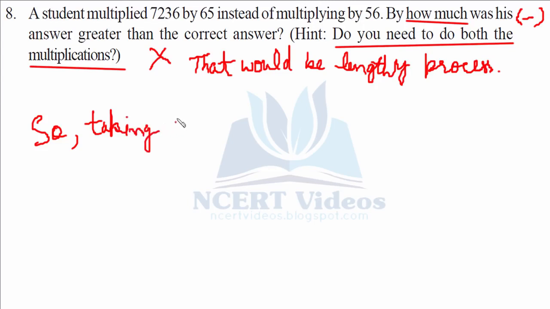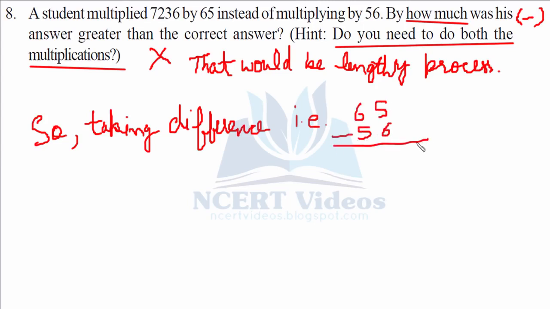So taking difference, that is 65 minus 56 is nothing but 9. Now we can multiply 9 with 7,236. That would give us the answer, that is how much was his answer greater than the correct answer.